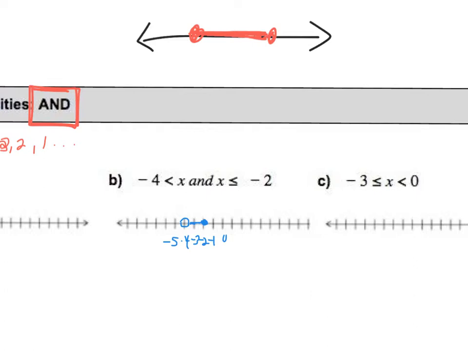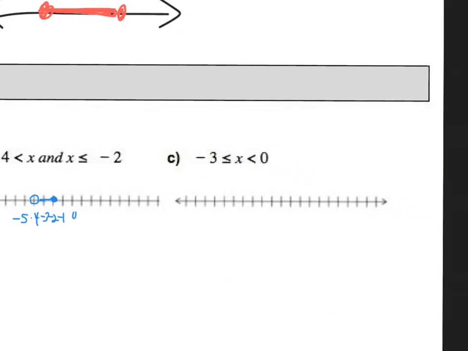And our last one here, letter C. This time we've got -4, -3, -2, -1, 0, 1. Again, just putting a handful of these numbers on the number line. We've got a closed dot on -3 and open dot on 0. And this is an and situation. Although we don't see the word and, if we don't see the word or, we know we're working with an and situation.